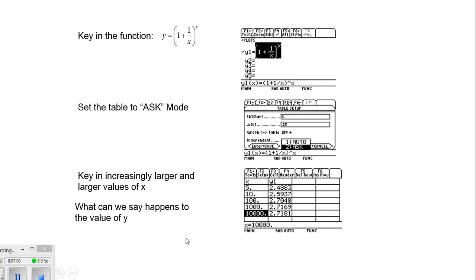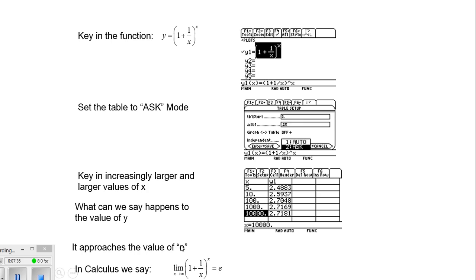That is becoming the end behavior of this function, or the asymptote for this function is the number e. So we can officially say that this is the definition of the number e: the end behavior of this function.